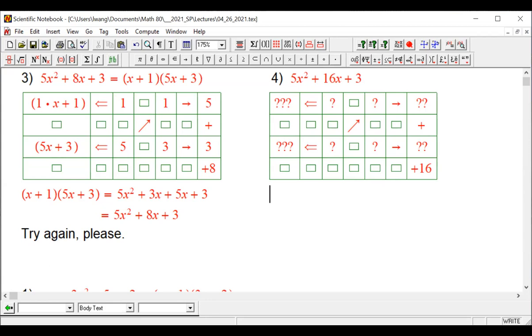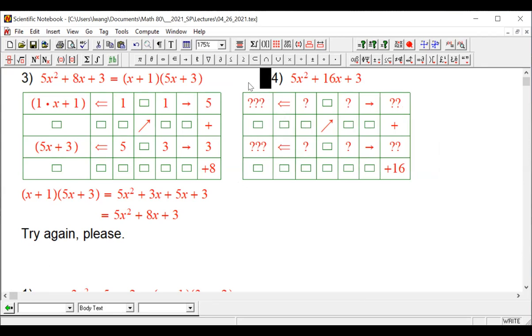Okay, in the first one, you made a minor mistake, but you got the other factor correct. I trust that this time you're going to get all of it correct, no doubt about it. So number 4. What did you find? When you're ready, put your answer in the chat.